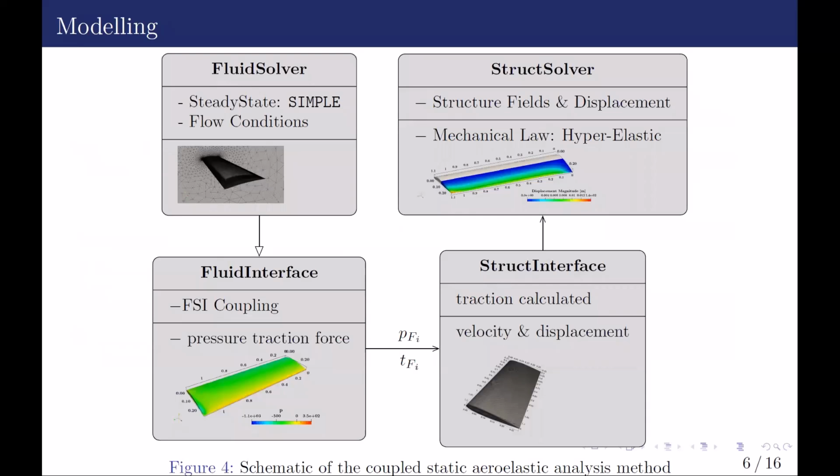Normally we have a fluid solver to solve aerodynamics, which is the flow around the wing. It's normally a steady state, so we take the simple foam solver and get the converged flow field around the wing. The pressure data will be a pressure load applied to the structure of the wing, and we will see what happens to the deformation of the wing.